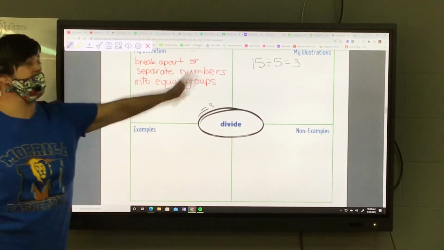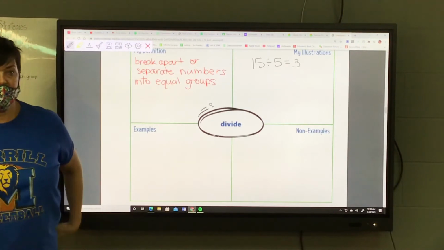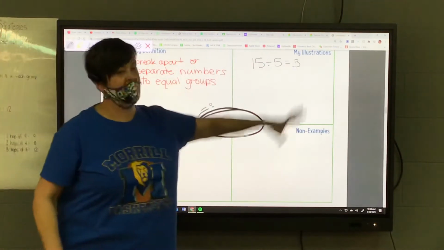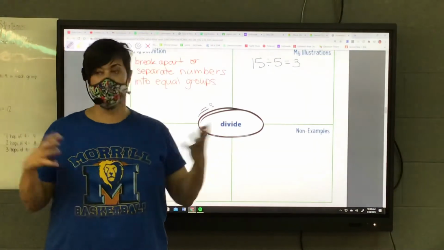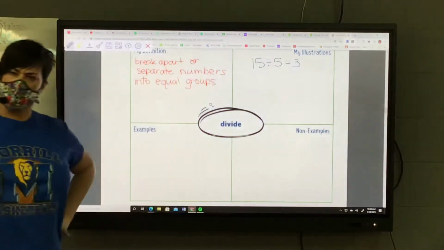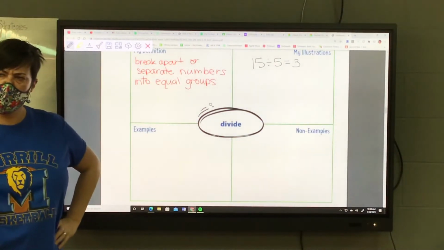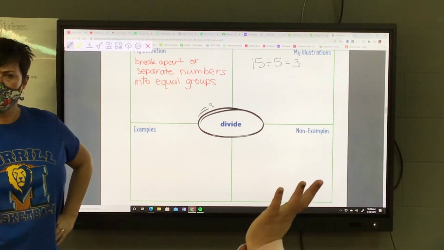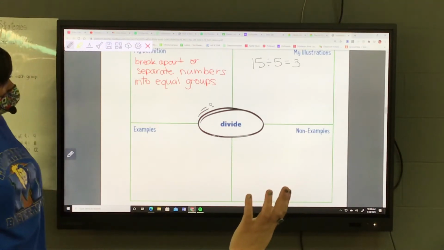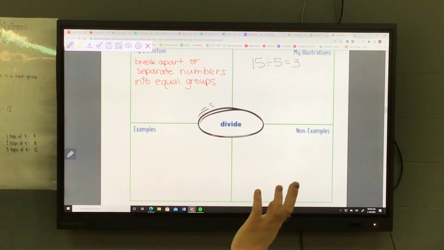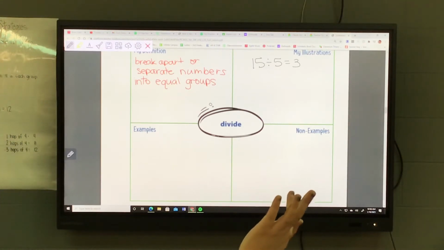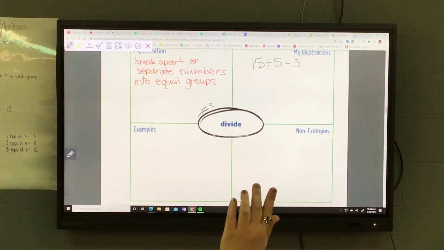But that's not an illustration, is it? We have to turn this into an illustration. So what are we going to do? How would we show 15 divided by 3 equals 5?